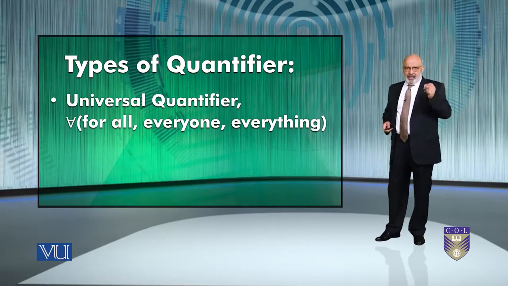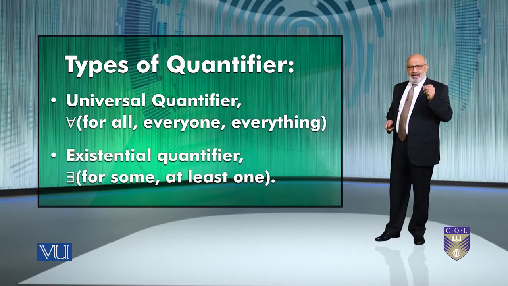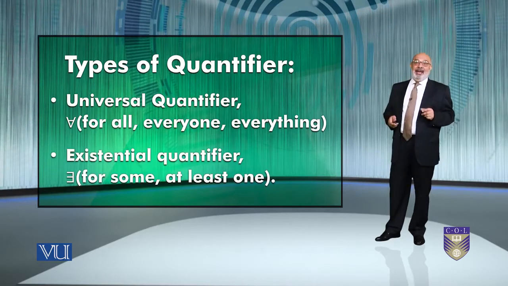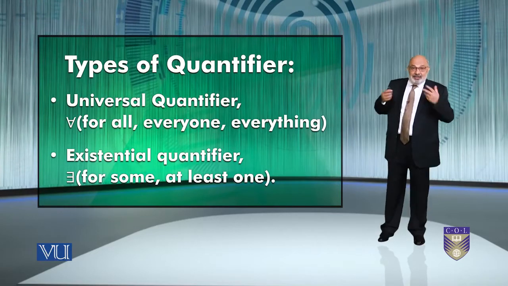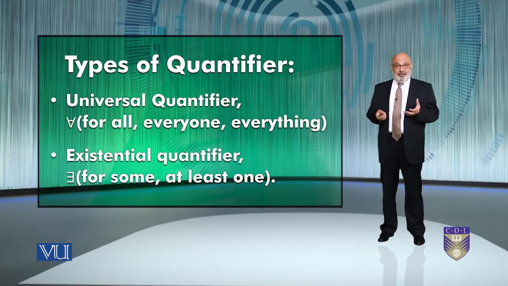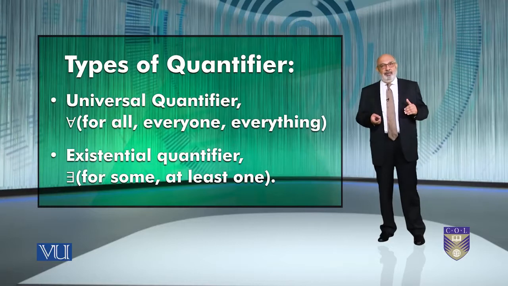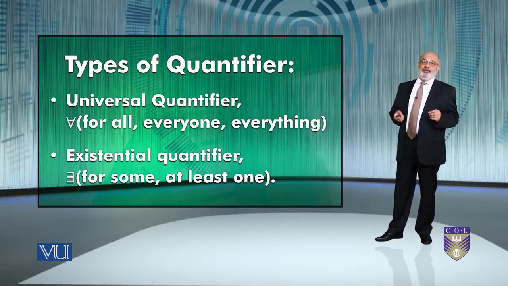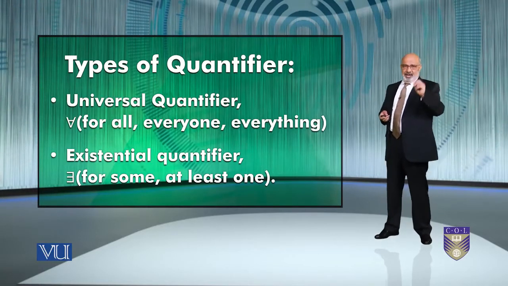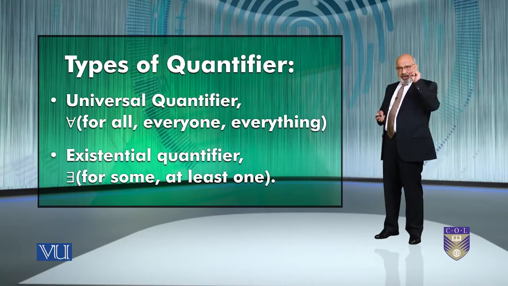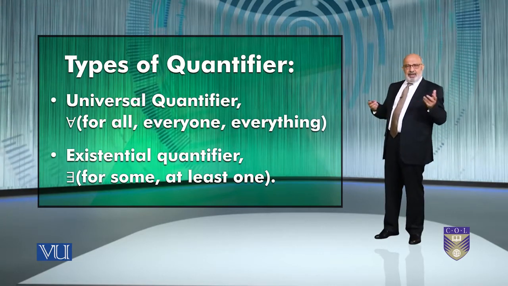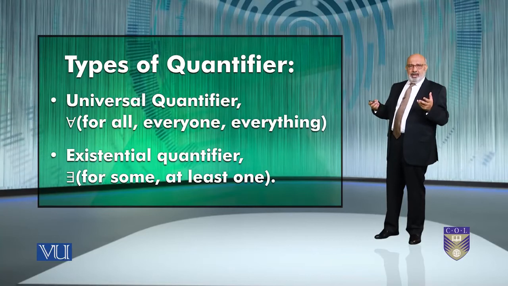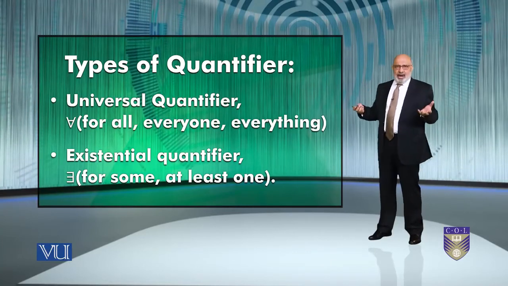The other one is called the existential quantifier, coming from the word existence. Something exists, that's where the term comes from. So existential quantifier, and this is represented typically with an inverted capital E, and really means for some, something, or at least one.